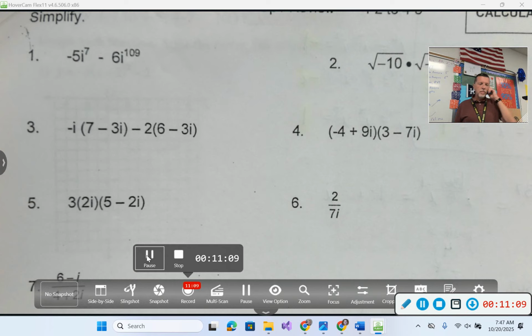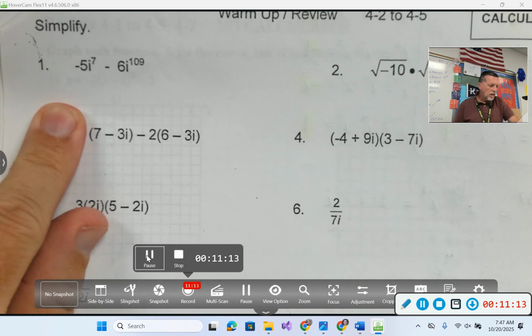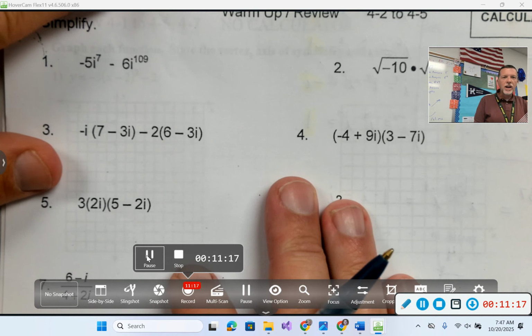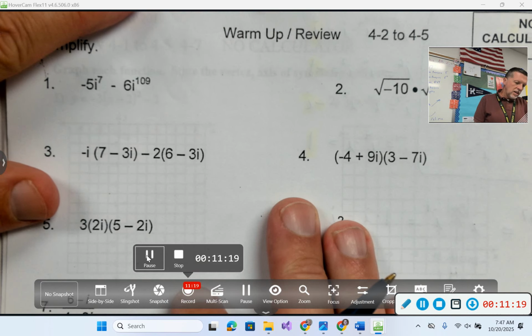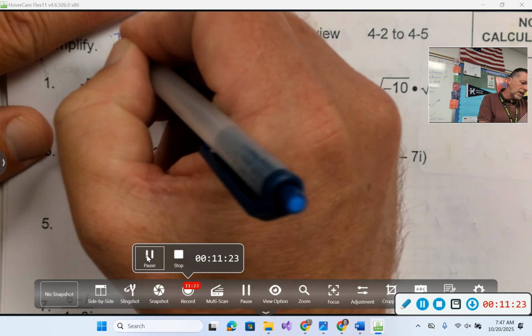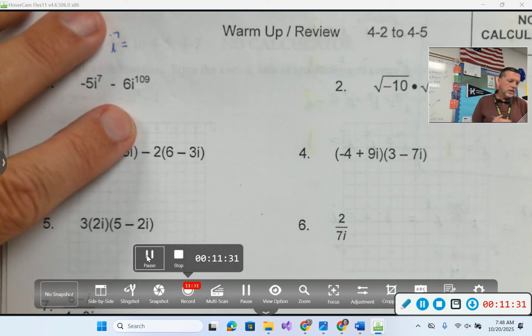Okay, back to the warm-up page. Negative 5i to the 7th minus 6i to the 109. Let's see, what's i to the 7th going to be? Let's simplify these first. How many would be left over if I divide by 4?